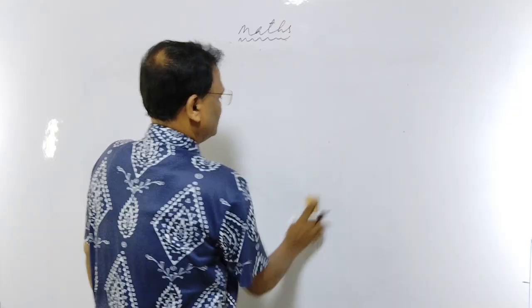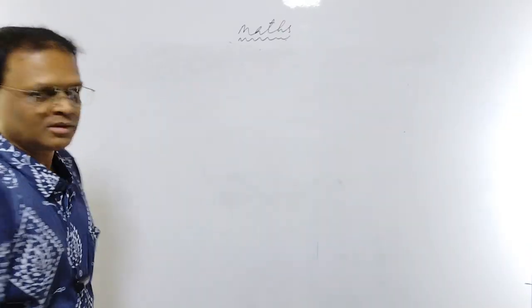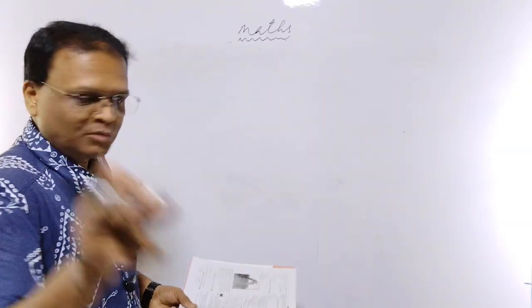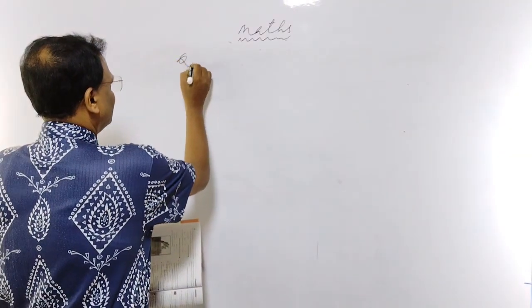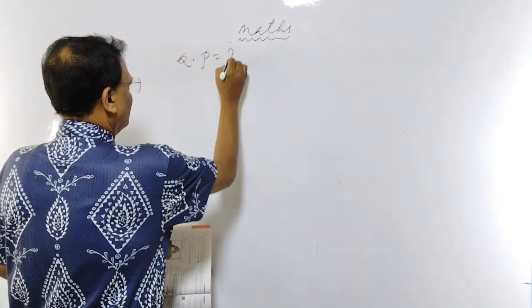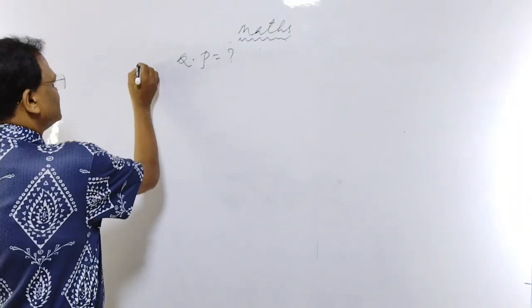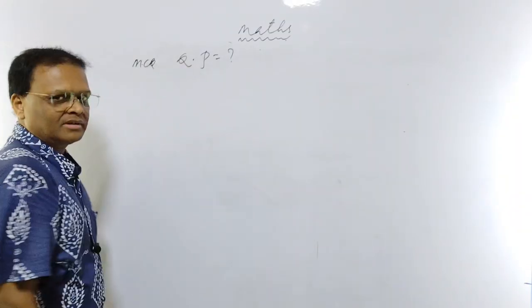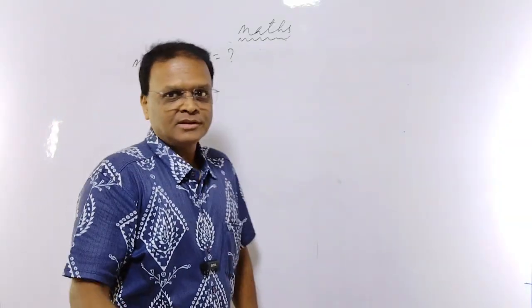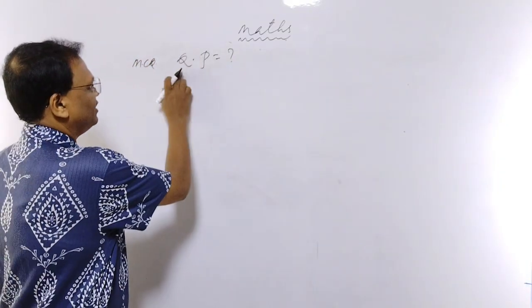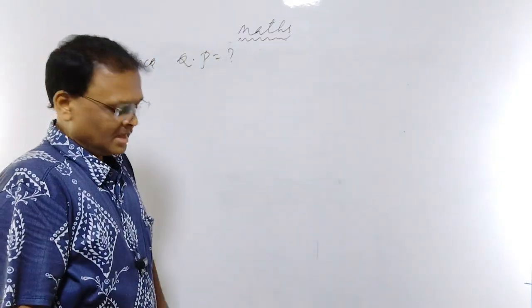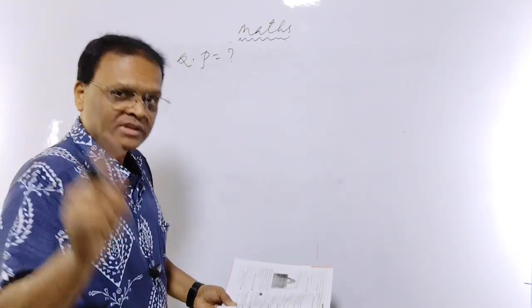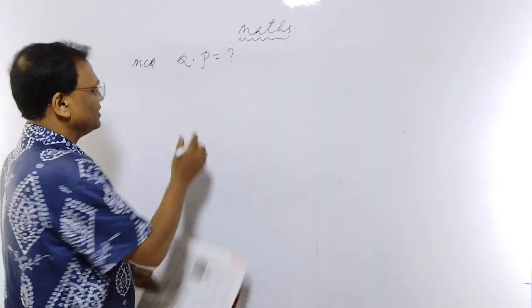So what is the question asking? He is asking you to find the quadratic polynomial. This is the MCQ. Very, very important MCQ. So I will put a question mark. What is given? The sum of the zeros is -5.